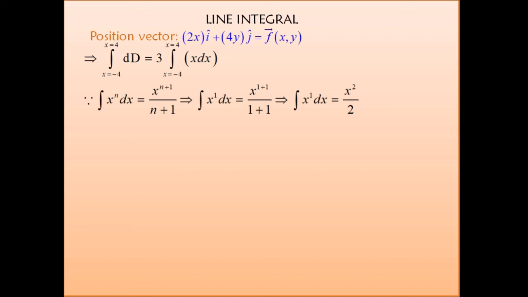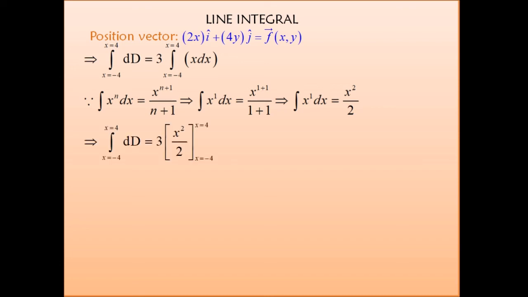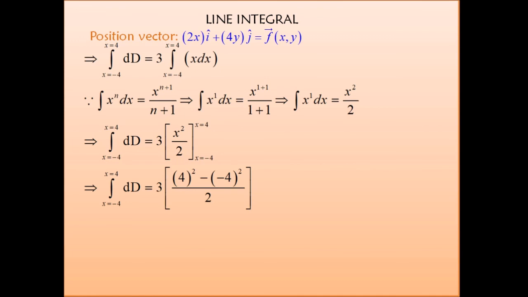Therefore, if we substitute it into the integral, we get 3 into x square upon 2, and in this we are going to substitute x equals minus 4 and x equals plus 4, like so. After solving it out, we will get the integral equals to 0.